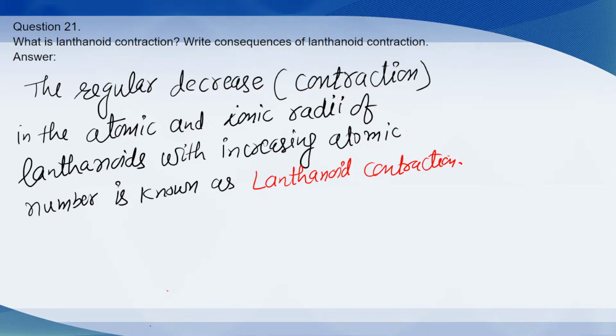Now, lanthanides are from cerium to lutetium, but because lanthanum has almost similar properties to lanthanoids, that is also included in it.